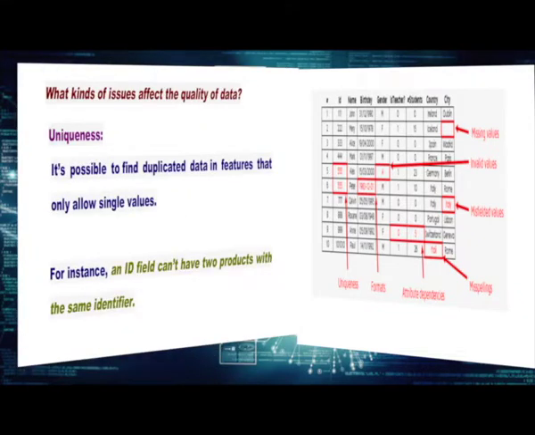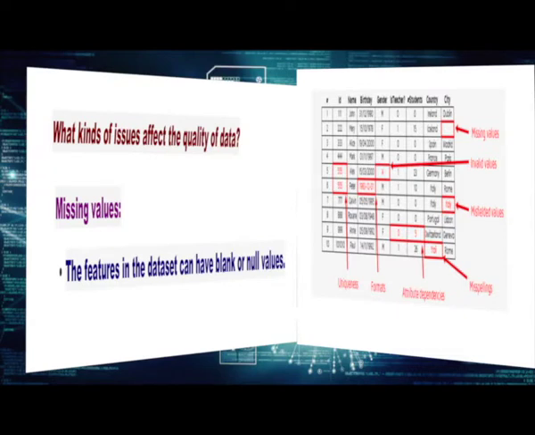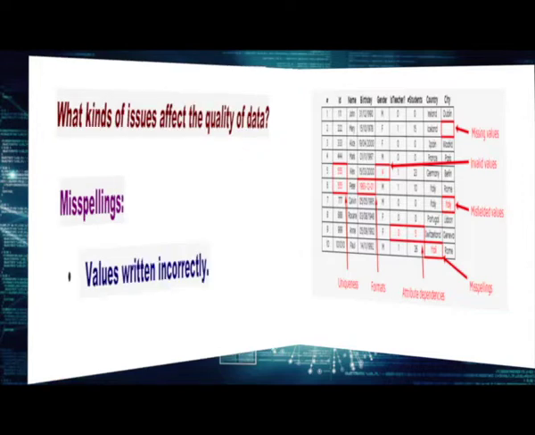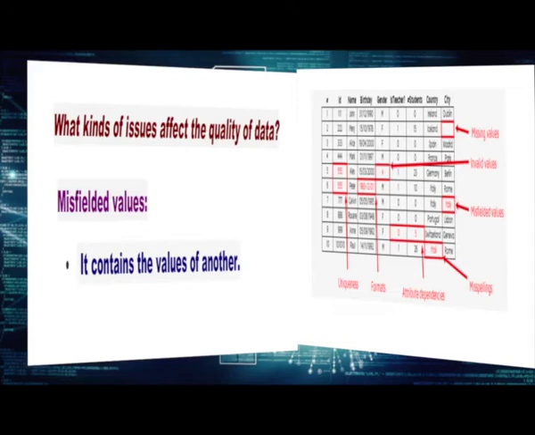It is possible to find duplicated data in features that only allow single values. For instance, an ID field cannot have two products with the same identifier. Missing values. The features in the dataset can have blank or null values. Misspellings. Values written incorrectly. The next one is misfielded values. It contains the value of another field.